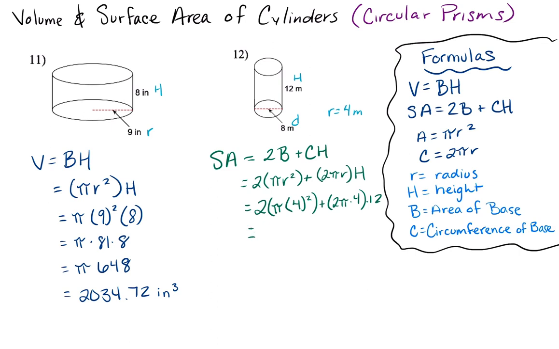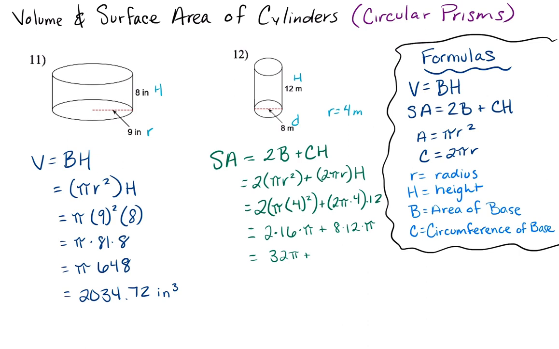Looking at this, I can see right away I'm going to do 4 squared, that's 16. So I end up with 2 times 16 times pi. And then over here on the other side, I get 2 times 4 times 12. So let's do 2 times 4 first. That's 8 times 12 times pi. 2 times 16 is 32 pi.